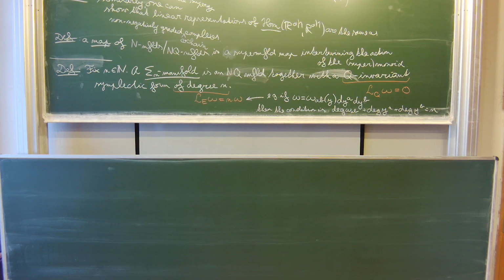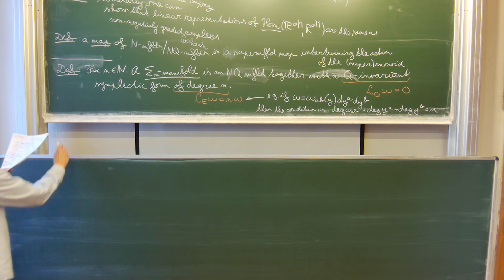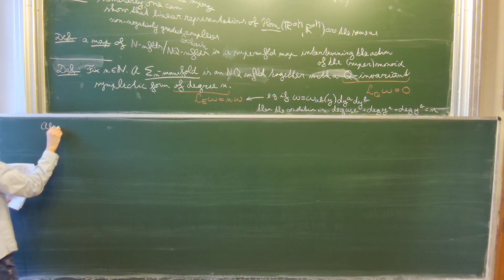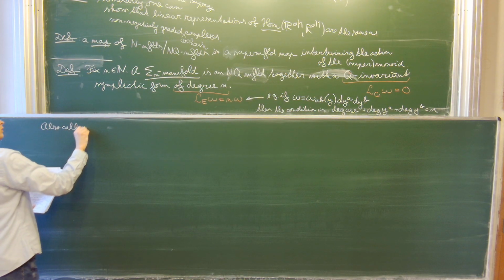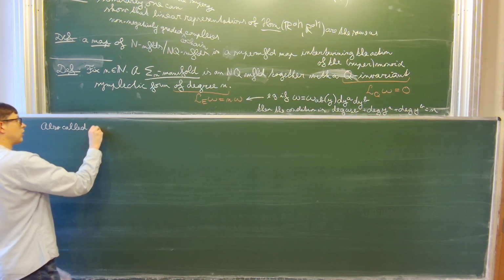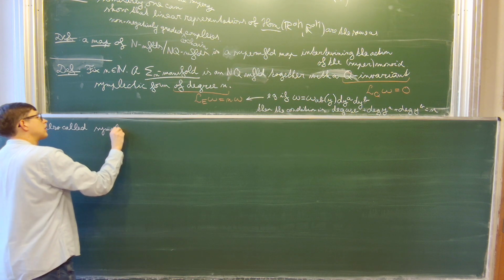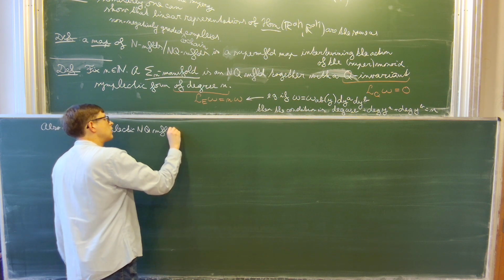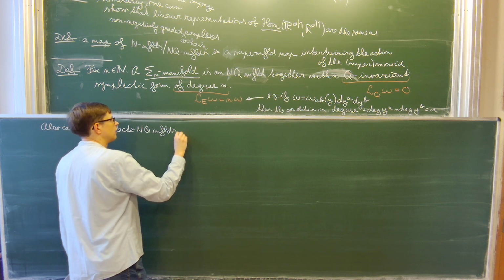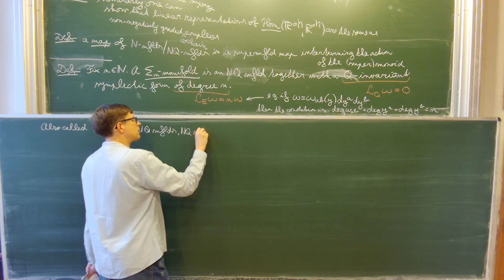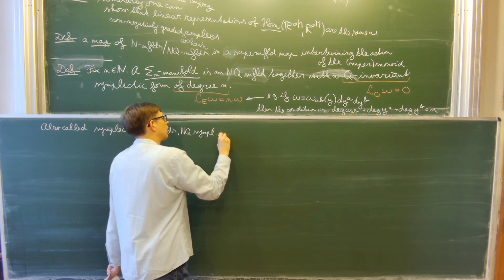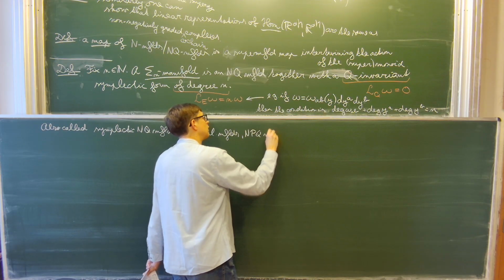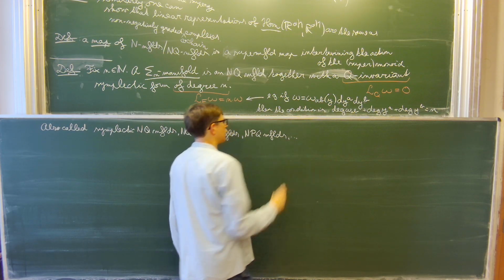Okay, so let me give you the alternative names of how people call these things. Also called symplectic NQ manifolds, or vice versa, NQ symplectic manifolds, NPQ manifolds, and various other names.